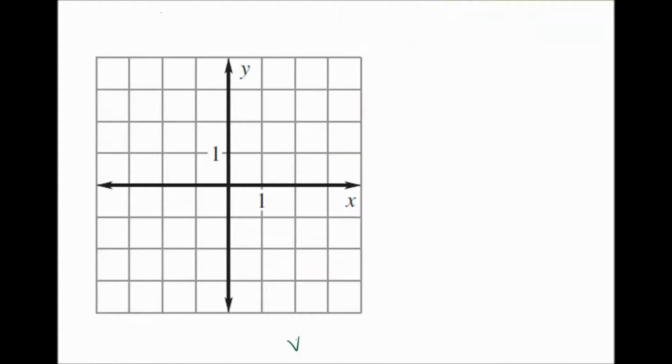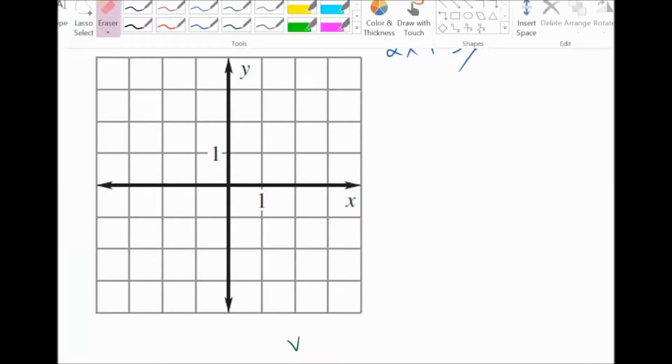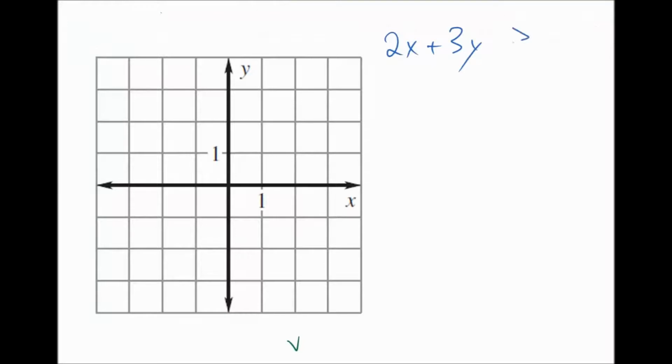The last example is a normal line, not a more complicated one, like 2x plus 3y is greater than or equal to 3. In order to graph this line, whether you plug it into your calculator or just look at slope-intercept form, you have to put it in slope-intercept form.